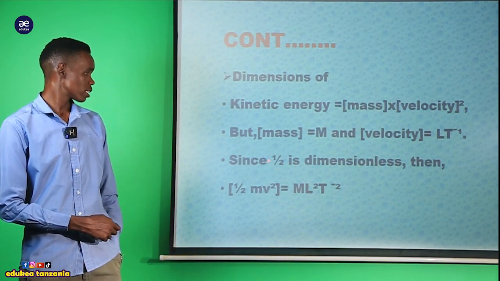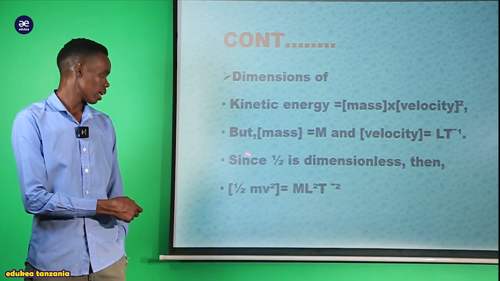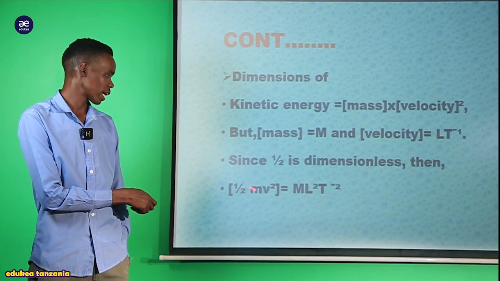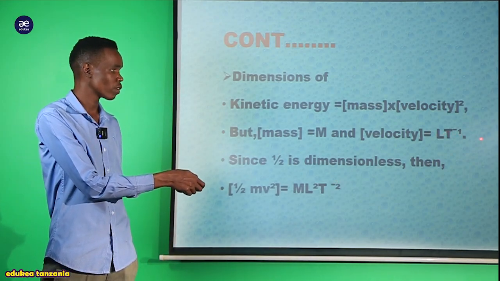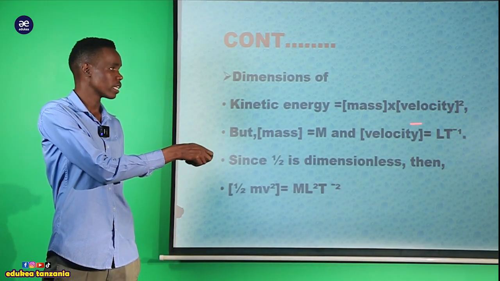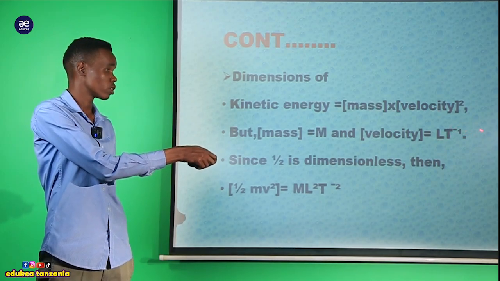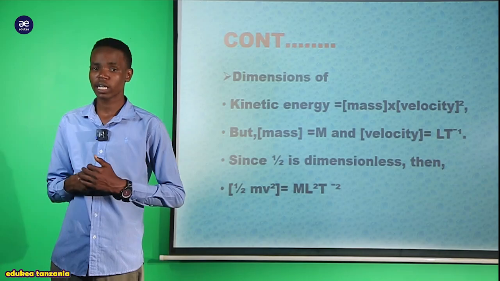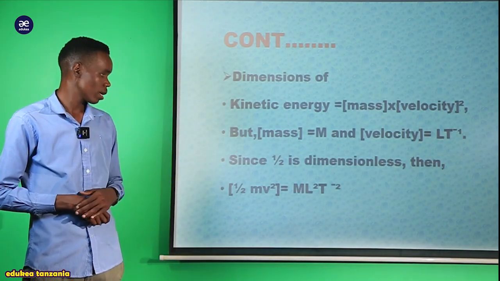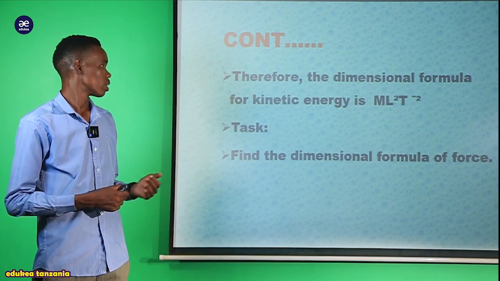But here, as you can see, a half is dimensionless. Then this dimension of the kinetic energy itakuwa ni sasa, kwa sababu ile LT negative 1 ndo velocity na velocity ilikuwa inside the square. Kwa tutakachofanya tutai square ile dimensions. Kwa tutakachokifanya tutapata dimension of the kinetic energy is M L square T power negative 2.